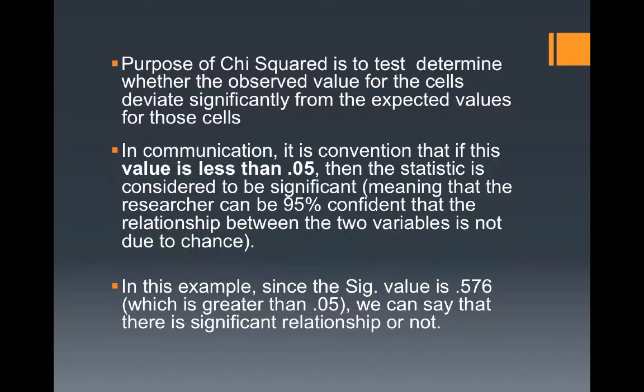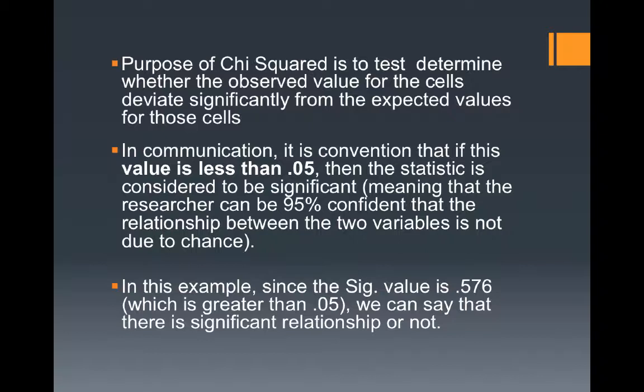Bottom line is that it's the convention that if this value is less than 0.05, then the statistic is considered to be significant, meaning that the researcher can be 95% confident that the relationship between the two variables is not due to chance.